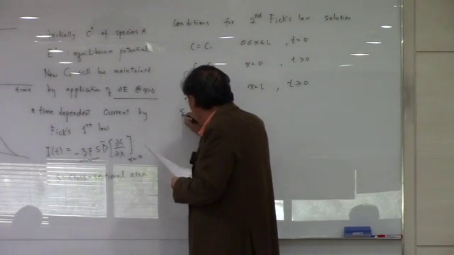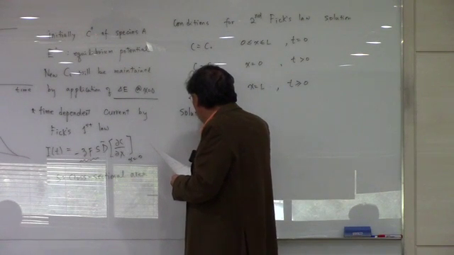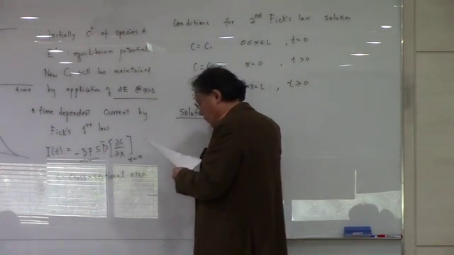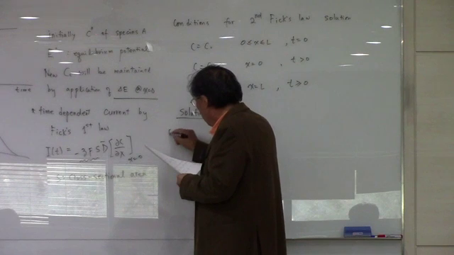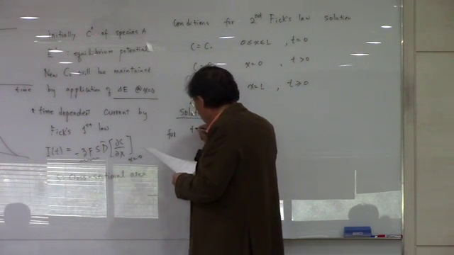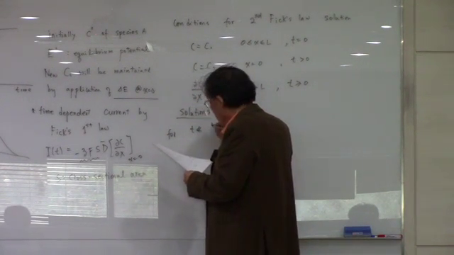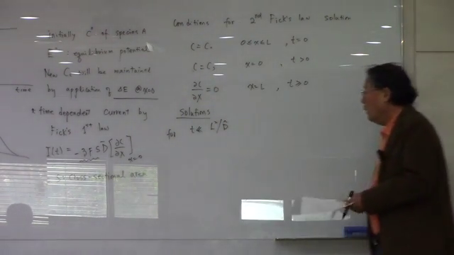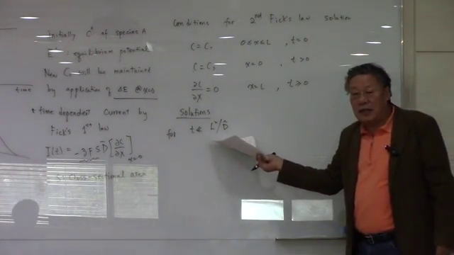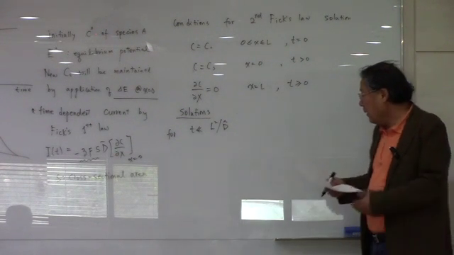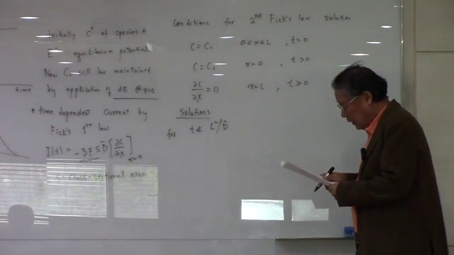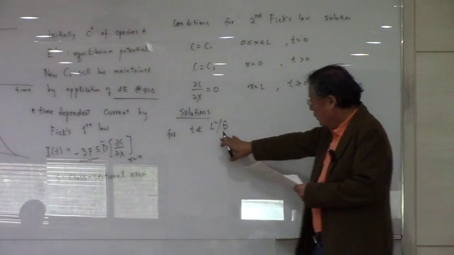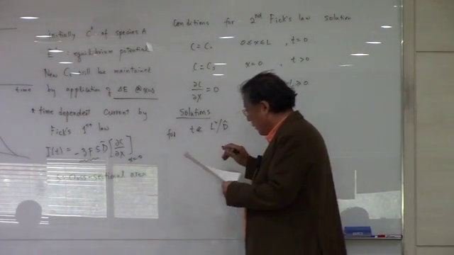Then the solution, we are not going to derive the solution for this, but solutions for time greater than the, this is a characteristic length, okay? L square over D is called the characteristic length.